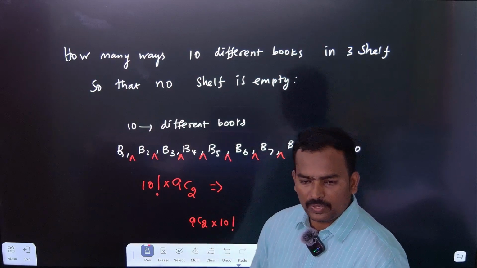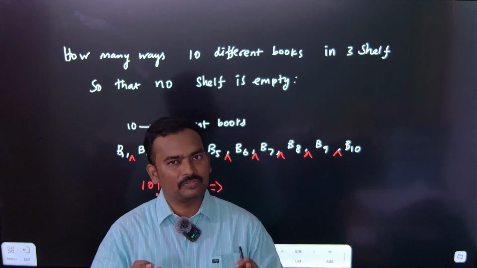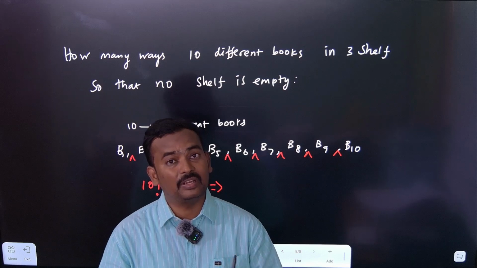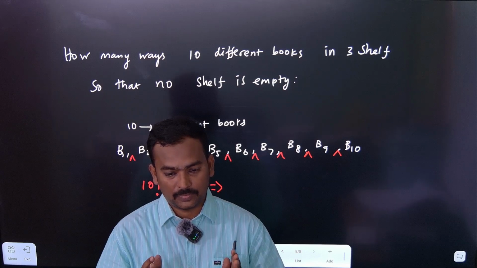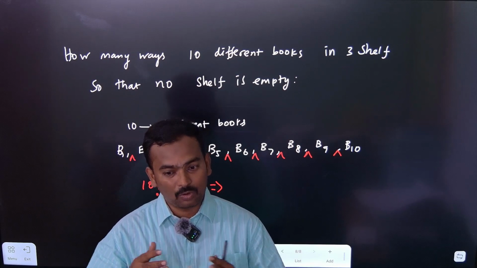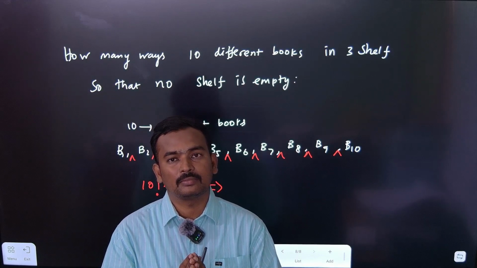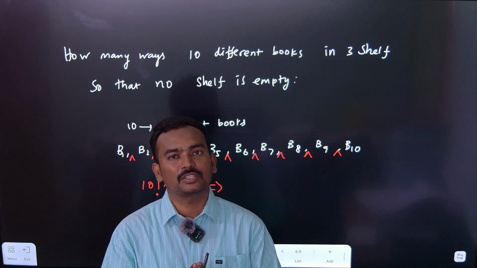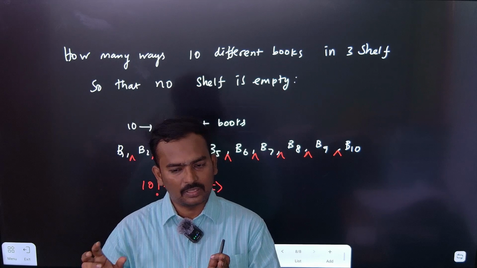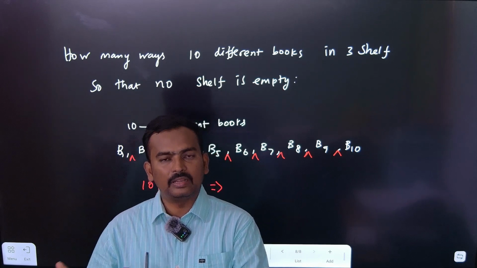This is your answer. I hope everyone understood this class. So in the next class we'll discuss a very detailed analysis of permutations and combinations. We'll discuss the number of non-negative integer solutions and binomial relations, and the number of positive integral solutions, different books, different shelves, different books, identical shelves.